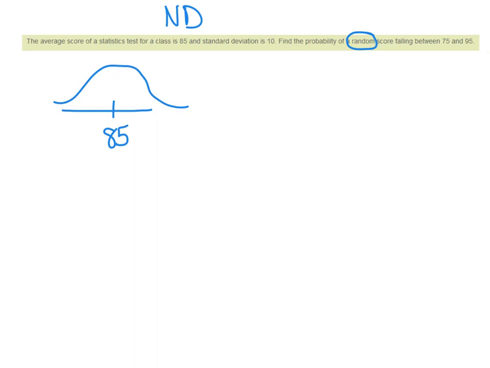We want the probability of choosing a value between 75... Oh, we're going to change this problem actually. We'll say 70. We're changing this problem because we don't want to be able to use the empirical rule. We'll say 70 and 92. Okay, and so we want this area right here.